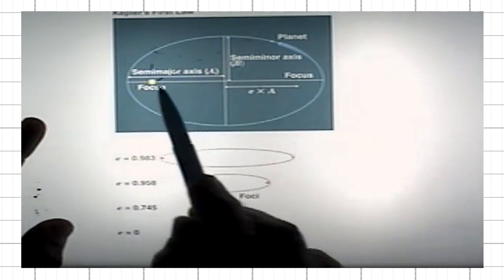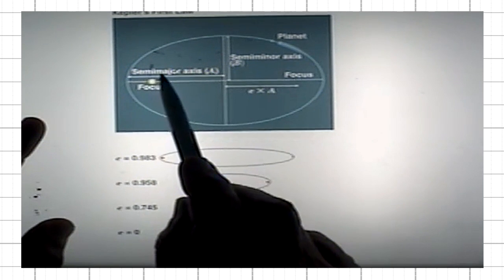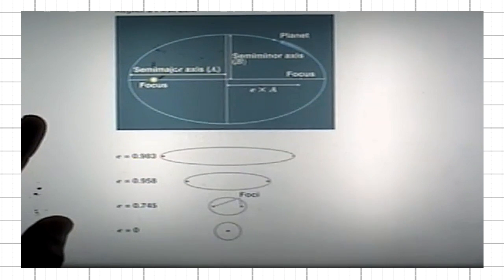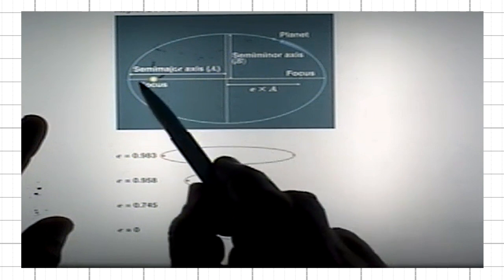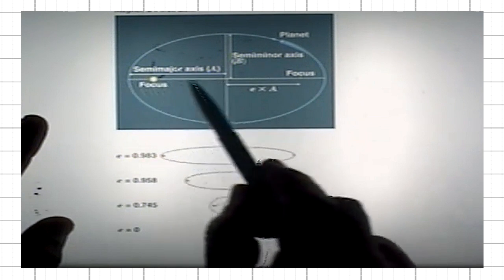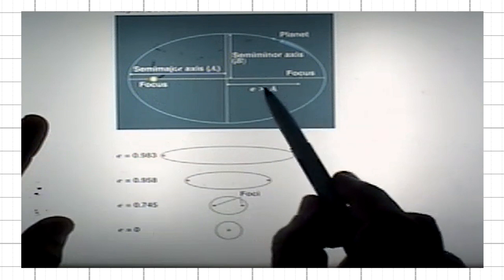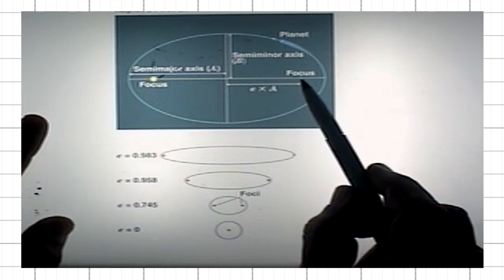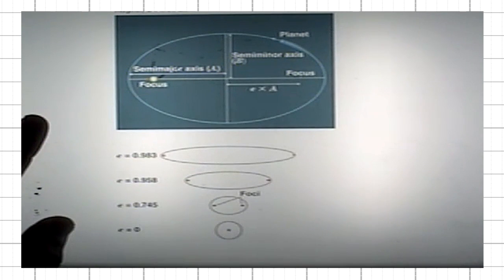Half of the longer axis is referred to as the semi-major axis, and half of the shorter axis is called the semi-minor axis. If you multiply the length of the semi-major axis with eccentricity, then you get the distance of the focus, one or the other, it doesn't matter, from the center of the ellipse.